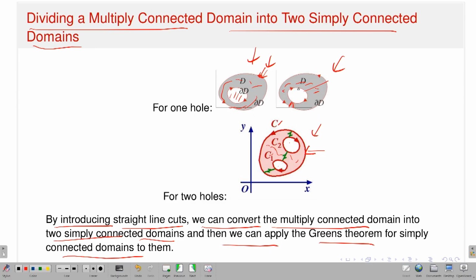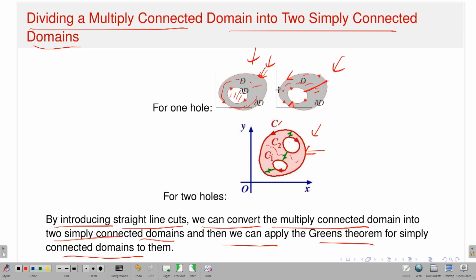Then what will I do? Suppose I want to break this multiply connected domain into two parts. If I draw straight lines like this one and this one, I can break it into two parts. Why? Because this is the curve on the outside. Suppose this is my curve.